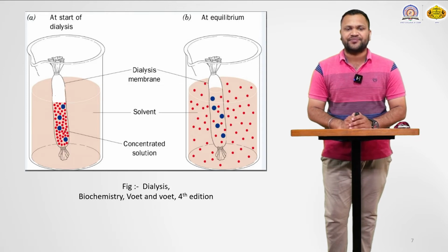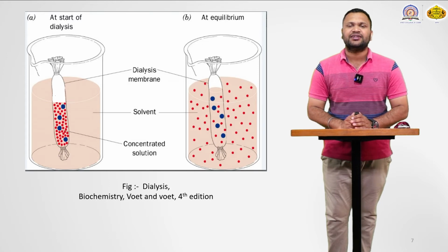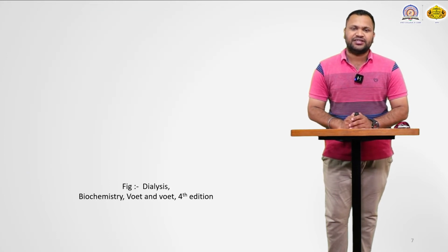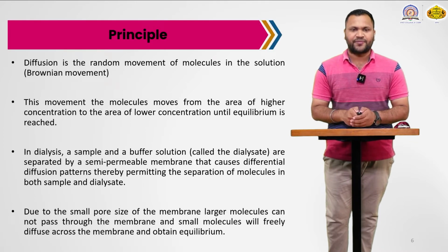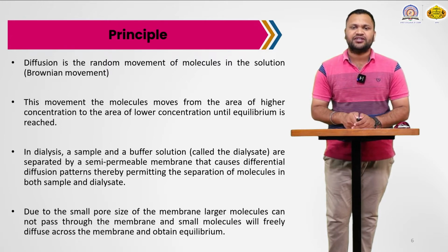In the case of the solvent, there is not a single red molecule, that is, not a single small molecule. As we know, molecules move from an area of higher concentration to an area of lower concentration.